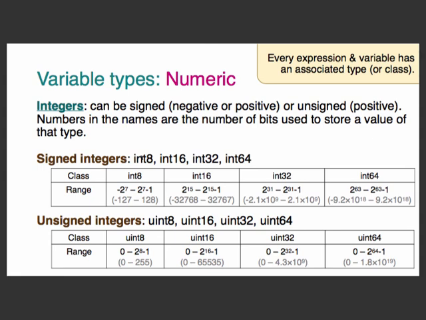So we have some signed integers. You have different types, which depend on the amount of memory they take up inside the computer, and they have a finite range. They don't cover every possible integer, because they only have a finite amount of space inside the computer. The ones that use more memory have a larger range.